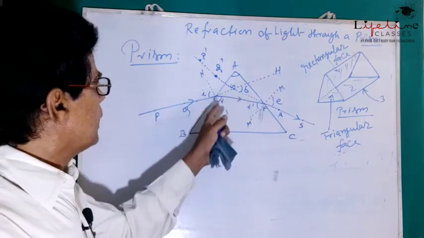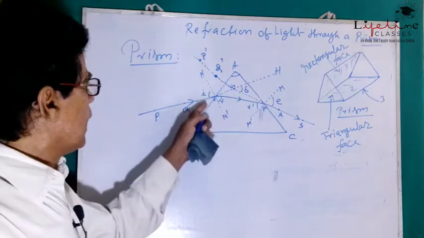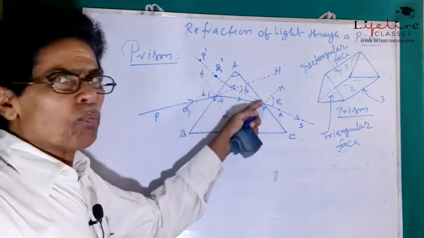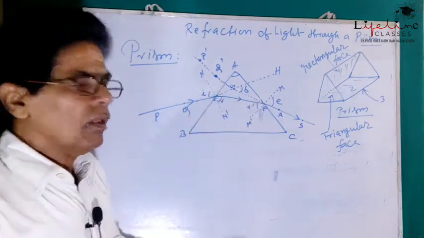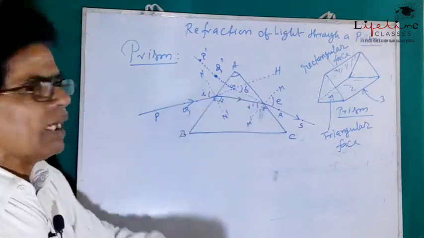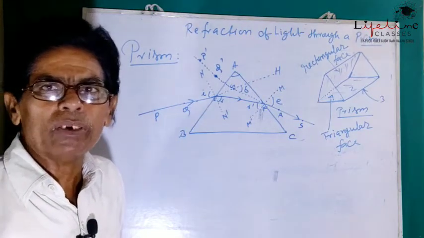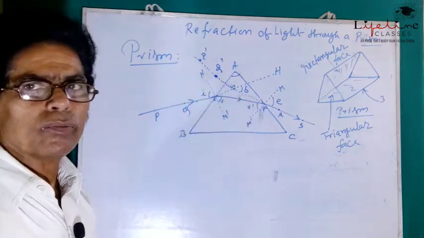Now after joining the points E and F, where E is the point of incidence and F is the point of emergence, the line segment EF inside the prismatic material is nothing but the refracted ray.